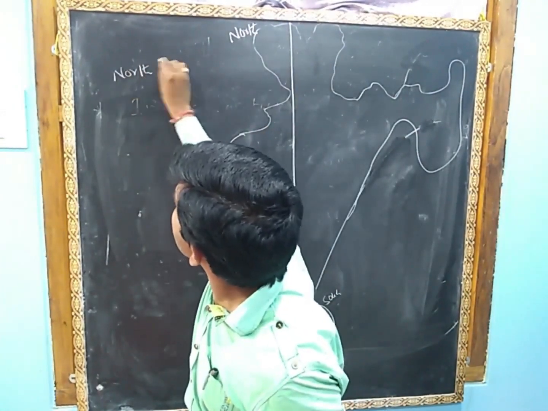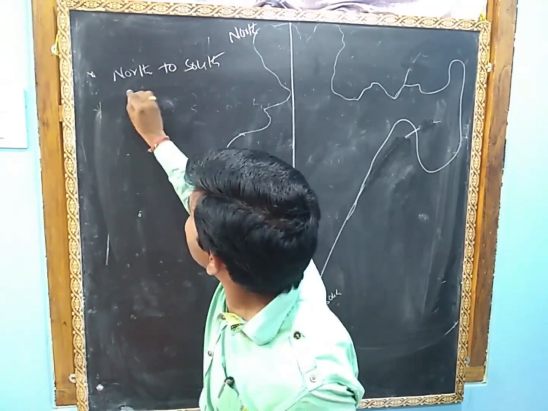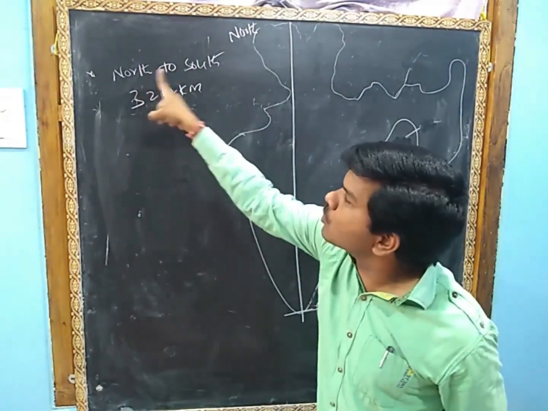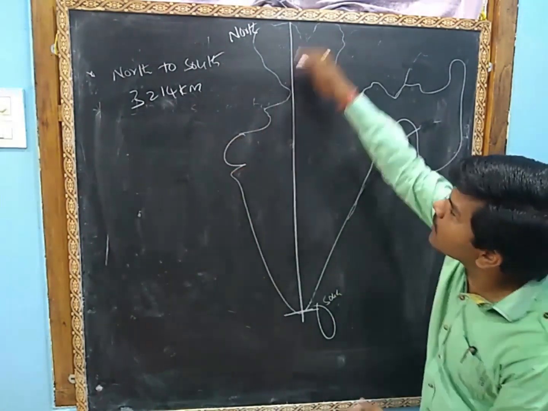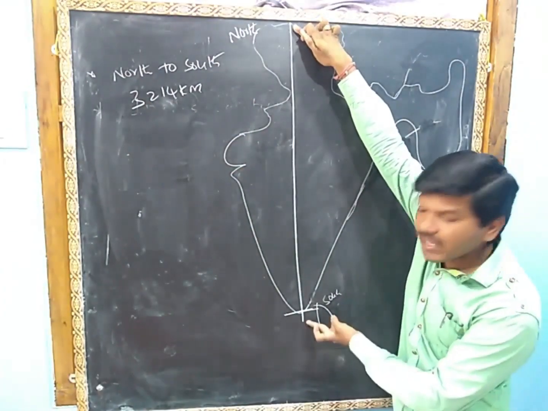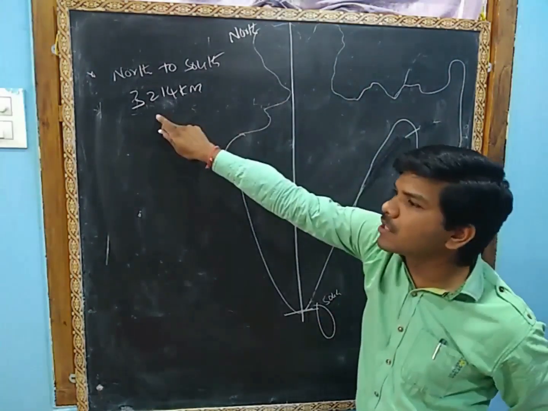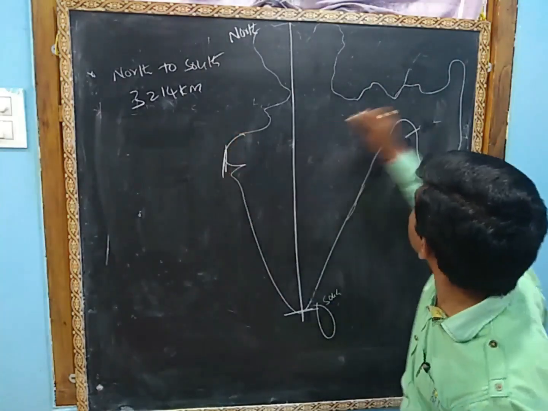The north to south distance is 3,214 kilometers. I repeat, the north to south distance is 3,214 kilometers, meaning between 37 degrees 6 minutes and 8 degrees 4 minutes. Now let us see the west to east.